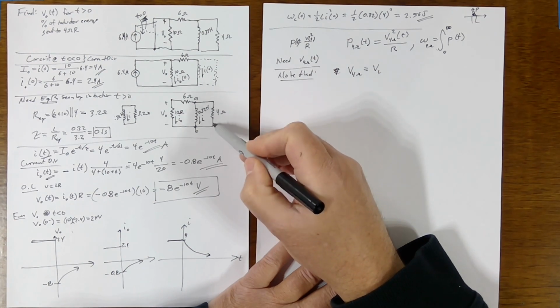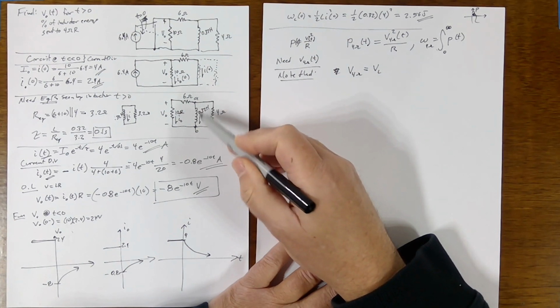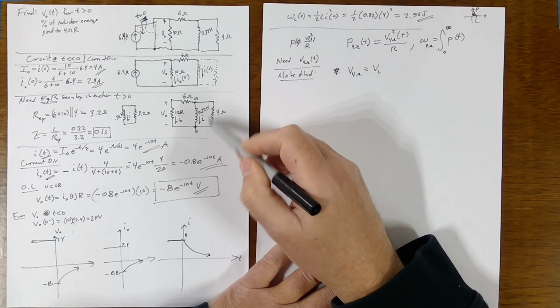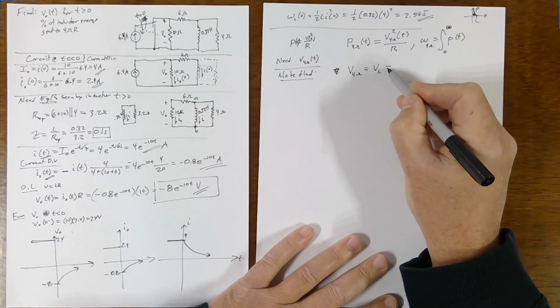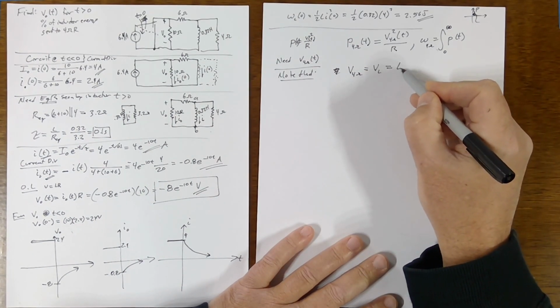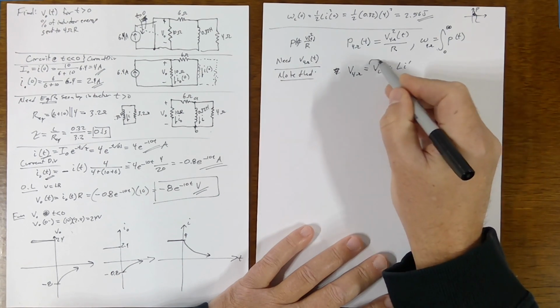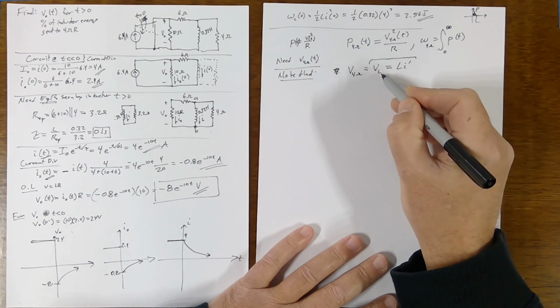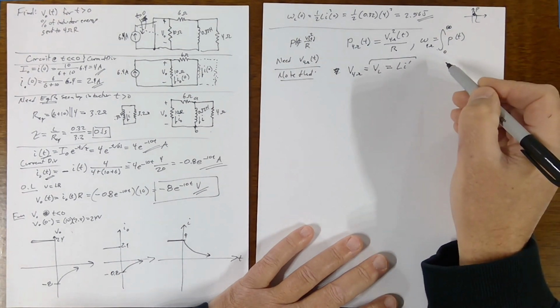This 4 ohm resistor is in parallel with the inductor here. So they have the same voltage across them. And we have a formula for this. The voltage across an inductor is L i prime.